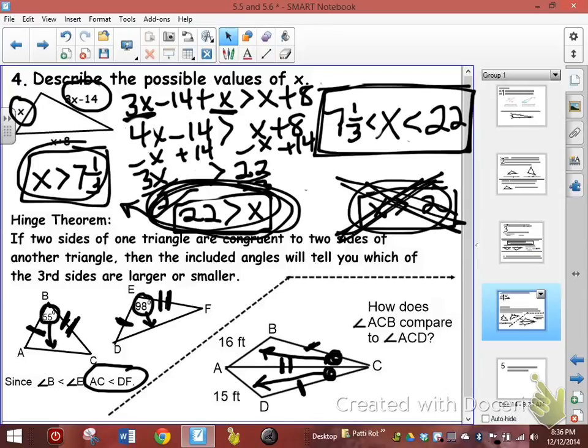And since 16 is bigger than 15, that means the top angle is bigger than the bottom angle. So you would write that angle ACB. I don't know what I'm doing to make that jump like that. Angle ACB is bigger because it's across from that 16 than angle ACD.